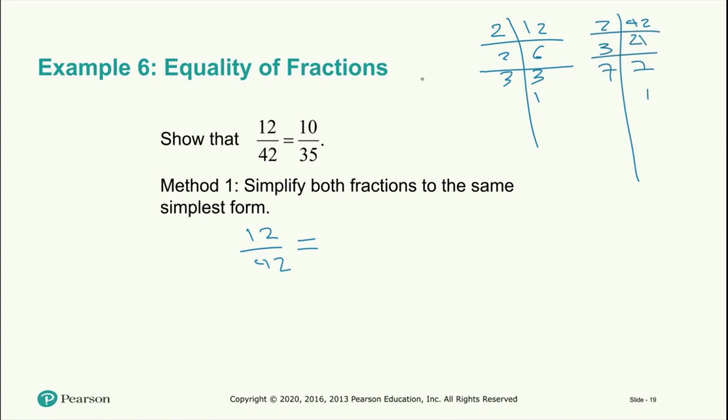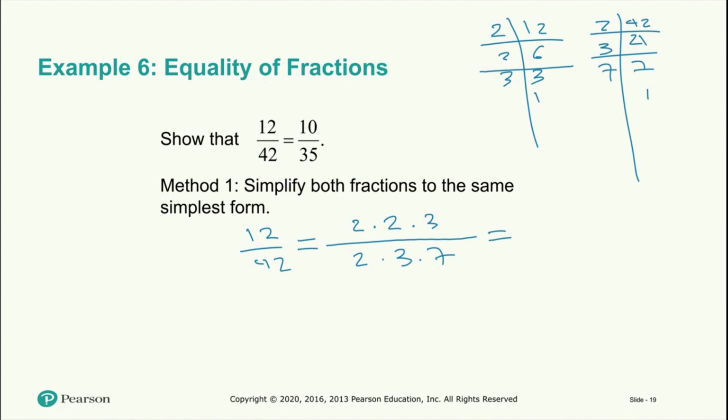So notice I can rewrite the numerator as 2 times 2 times 3, and the denominator as 2 times 3 times 7. So the beauty of this method is that the prime factorization is on the left, and since we're always dividing by the smallest prime that goes into the number on the right, everything is nicely ordered for you, right?